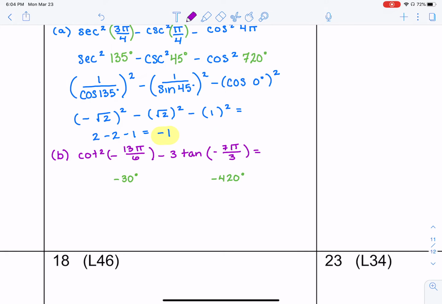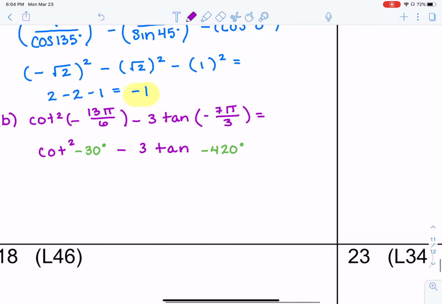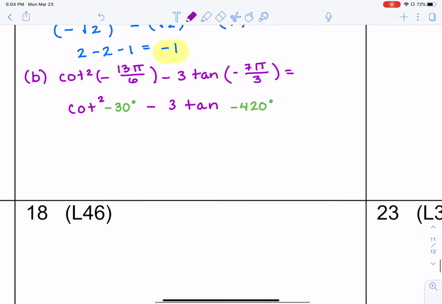And then I'm also going to address the squared on this cotangent on my next run through. So I'm going to reciprocate the cotangent and I'm going to square it.